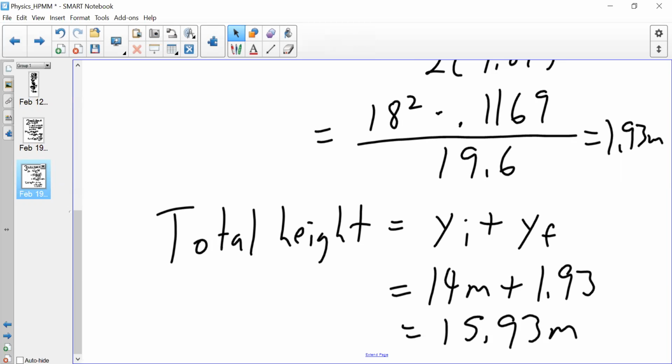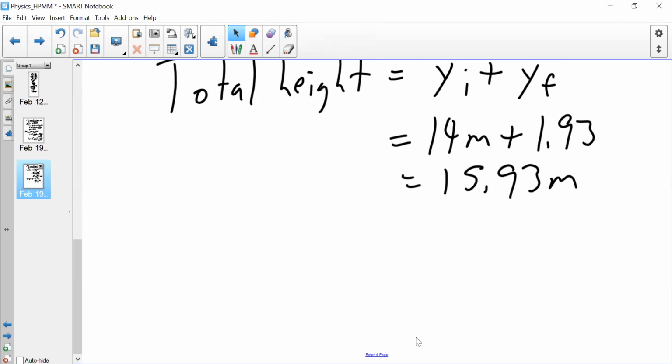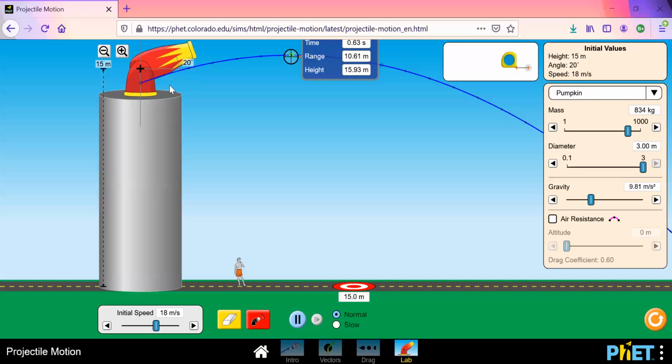Just to quickly answer your question there. So this will be our first data point, or maybe the second, because the first one should be 15 plus whatever your angle is. So this is what I'd like you to do. You can start at 15. We already got 14.